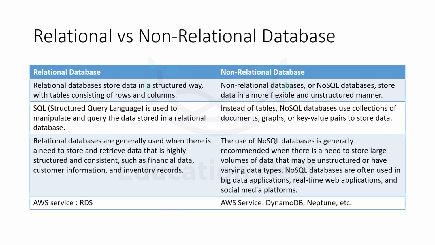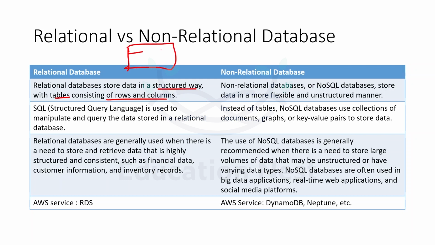Let us now discuss relational versus non-relational databases. The relational database is the traditional database that we generally imagine, where the data is stored in a structured way in tables which consist of rows and columns.